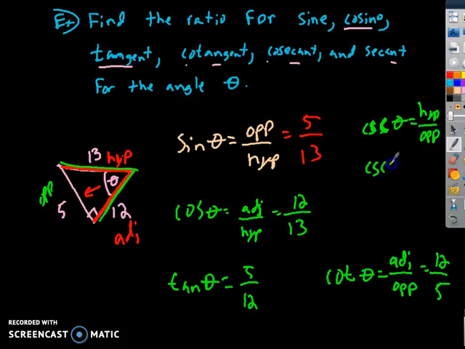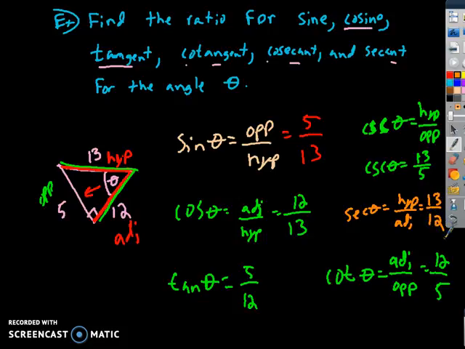If sine is 5 over 13, CSC is 13 over 5. And the last one would be secant of the angle, which would be hypotenuse over adjacent. The hypotenuse is 13, adjacent is 12, or just flip cosine, 13 over 12.